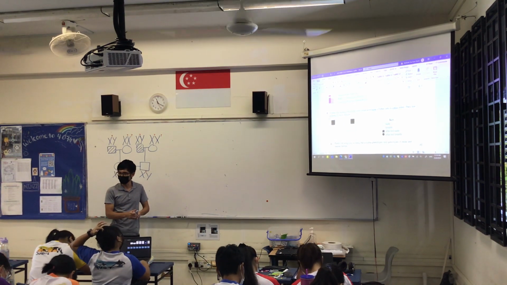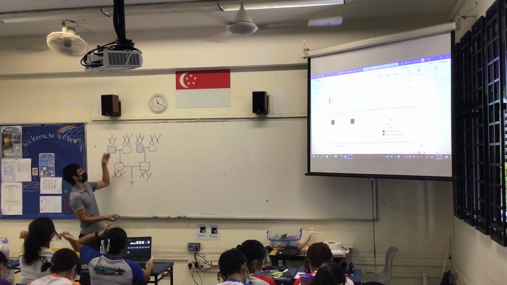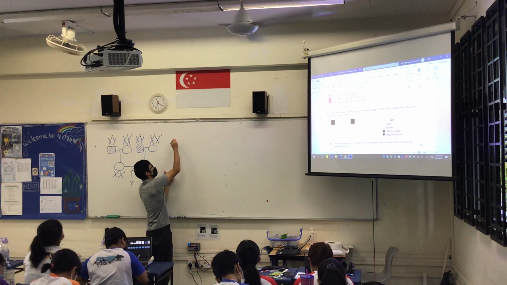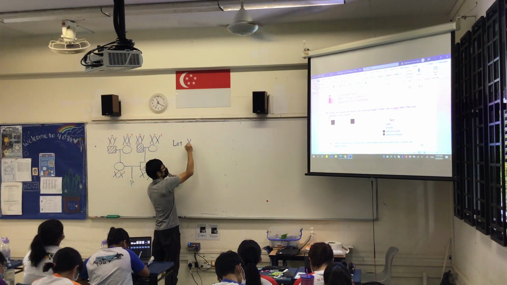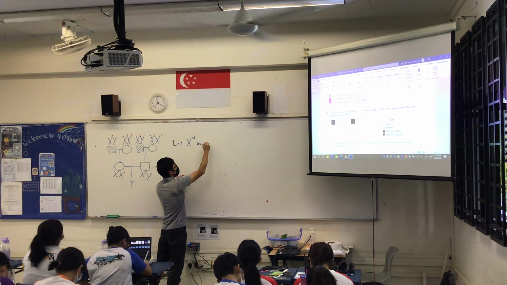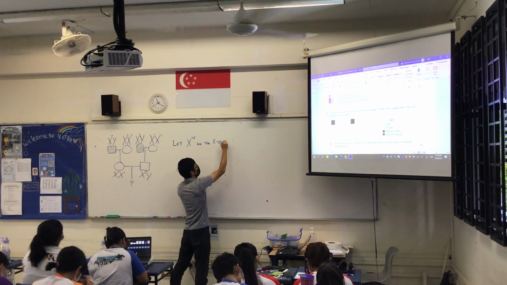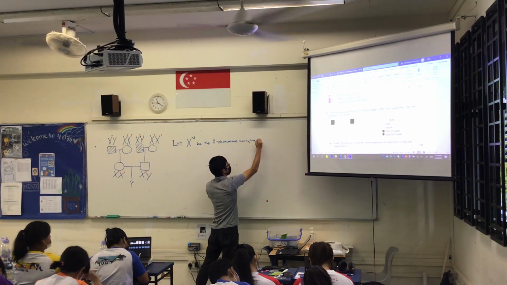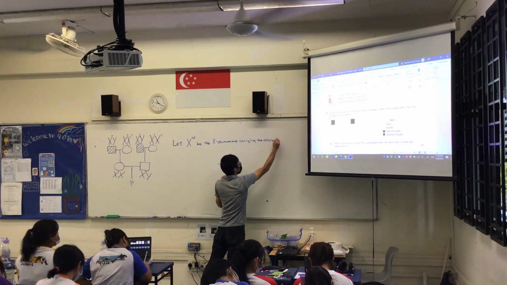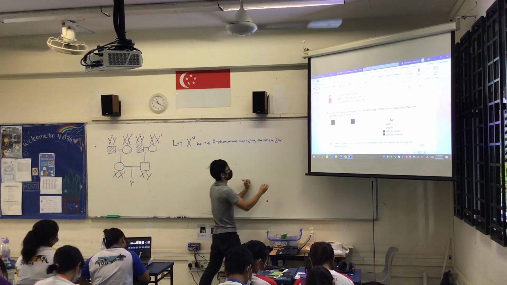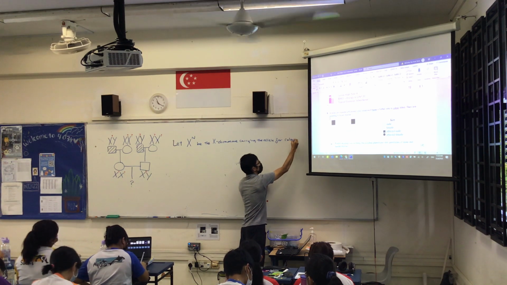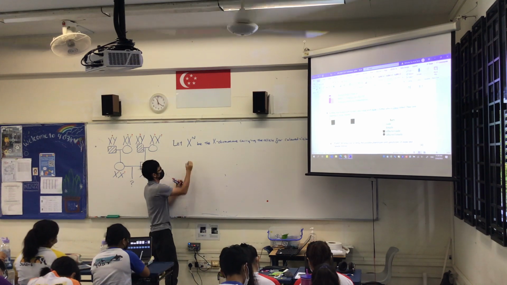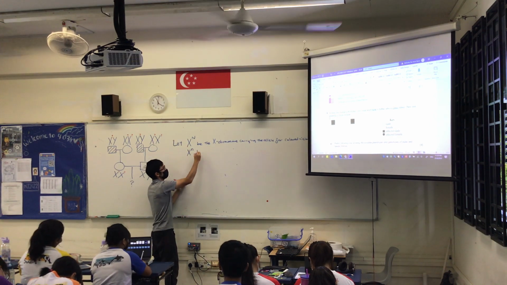Ask a good question, how to define. Because here we're working with a chromosome that has an allele on it. You could define it as, I'll give an example, let X capital N be the X chromosome carrying the allele for colored vision, then X small n respectively.